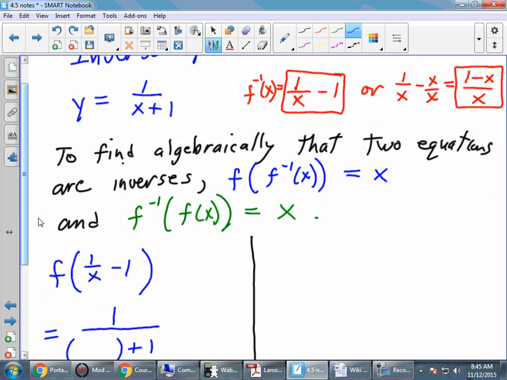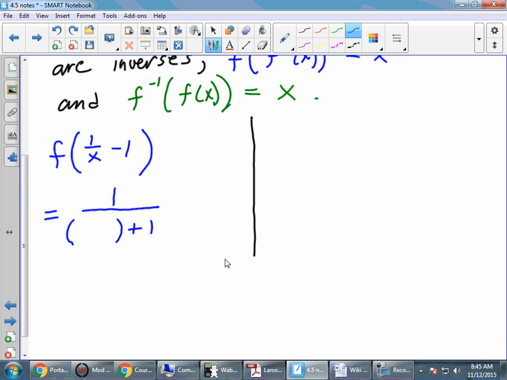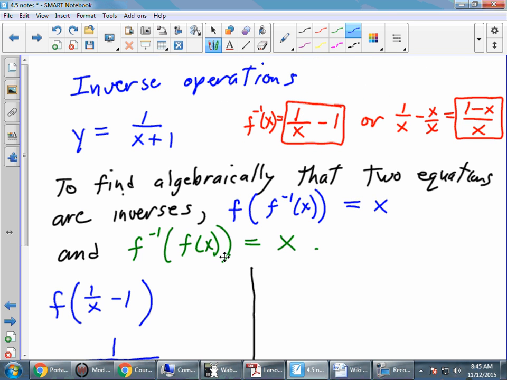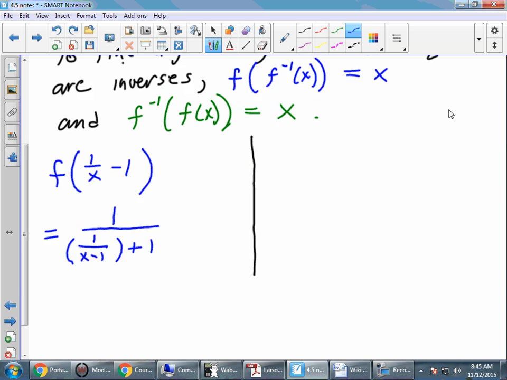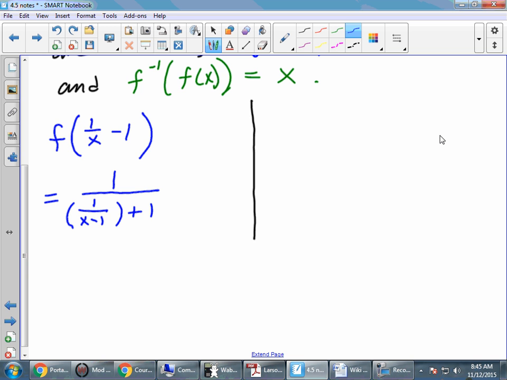See, I'm going to take this. This is now my new x. So now it's 1 over x minus 1. And you can do this one here if you'd rather. It doesn't matter. You can do either one. Sometimes it's easier to go one way or the other, but in this case it doesn't matter. Okay? Actually, it does kind of matter.